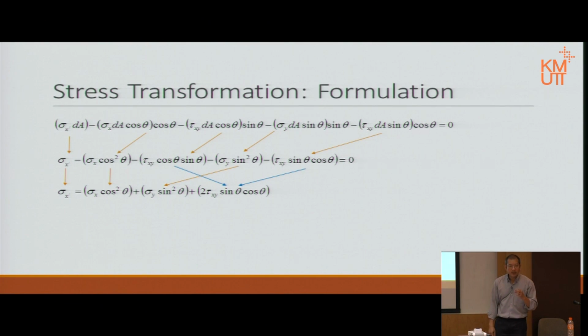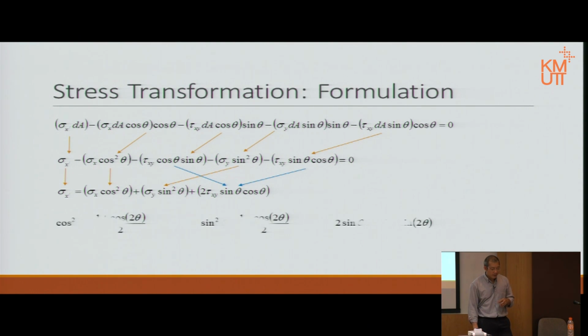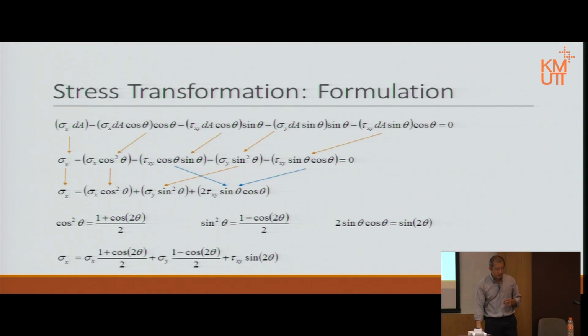Again, cosine squared, sine squared, or cosine times sine is a little bit hard to imagine in the graph. So we try to expand it into power 1, but using 2 theta instead. These are the three equations we've seen before that transform cosine squared into cosine 2 theta, sine squared into the form of cosine 2 theta, and of course sine theta cosine theta into a form of sine 2 theta. Once we do that, the formulation changes.